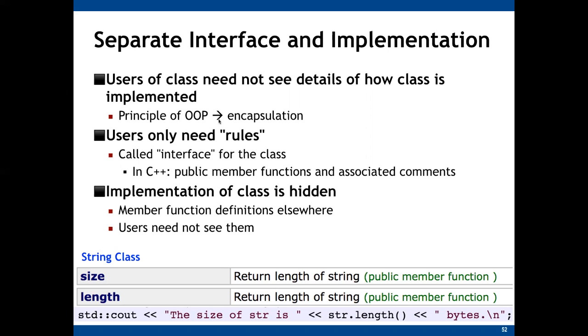The programmer who uses the class need only know the rules for how to use the class, and we call this rule an interface. So you should design the class so that the interface should be all the programmer needs to know in order to use your class.